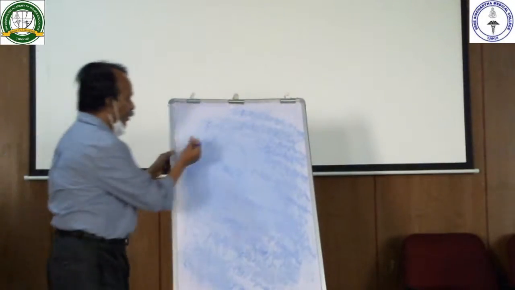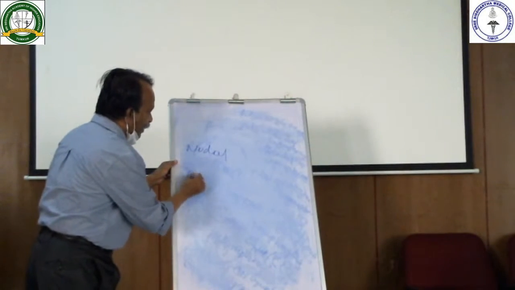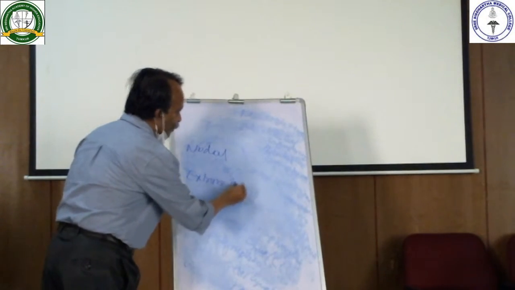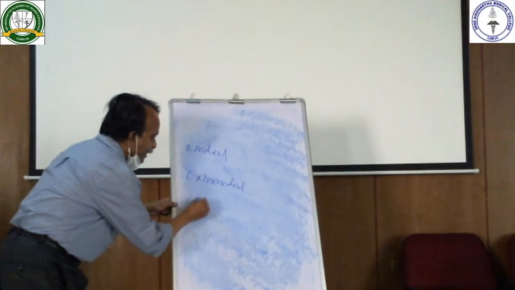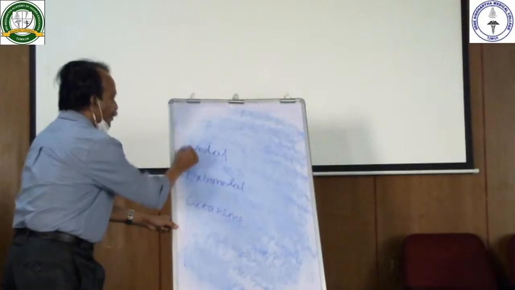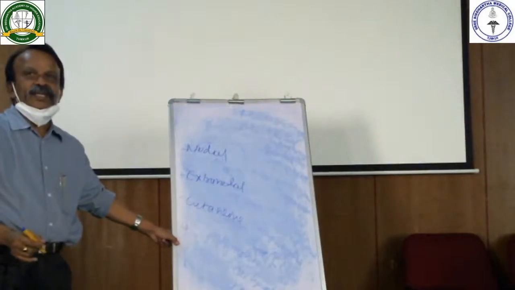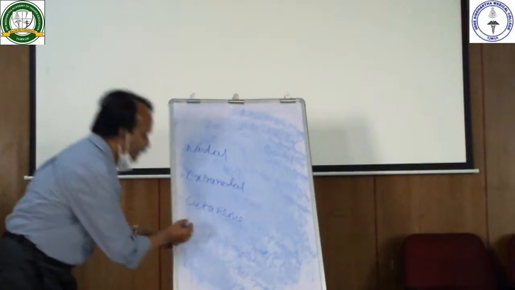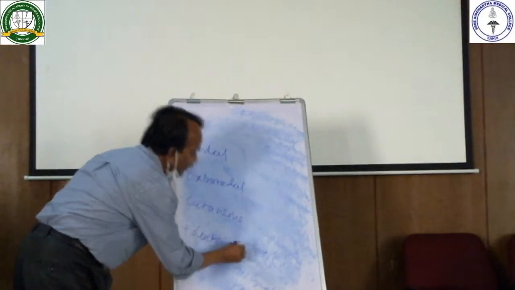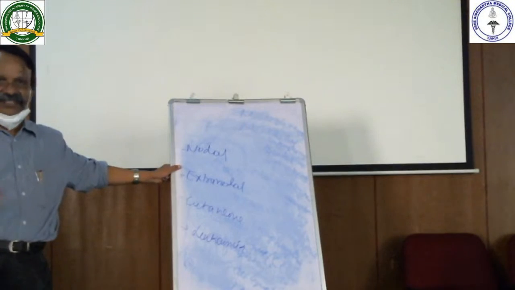One is nodal, the second one is extranodal, and then the cutaneous, and along with the cutaneous type, there is a fourth type, that is leukemia-like type of non-Hodgkin's T-cell lymphoma.